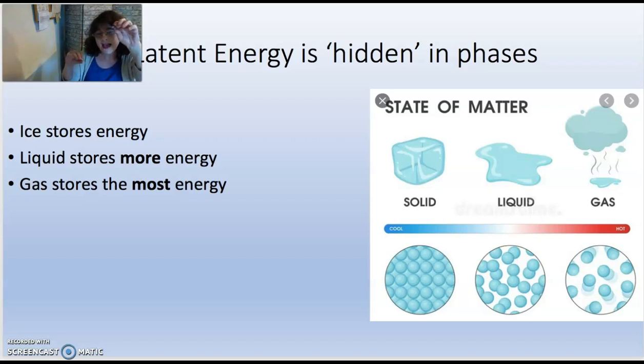When the liquid is heated with thermal energy and it gets to its boiling point and becomes vapor, the water will boil off and the vapor will hold the energy that was used to break the bonds of water and make it into gas. As such, the vapor has the most energy because it has the energy that went from ice to liquid, and now it has the energy that went from liquid to gas. Gas stores the most energy.